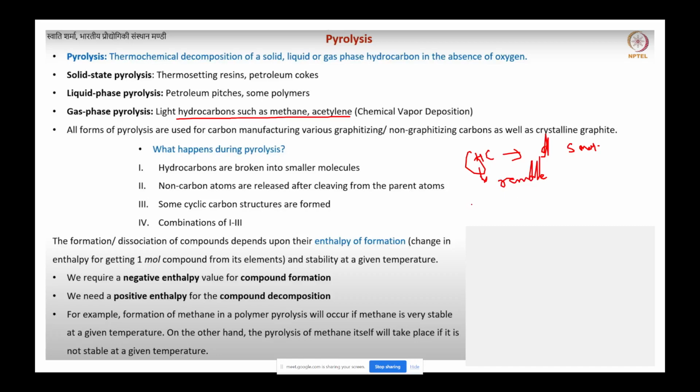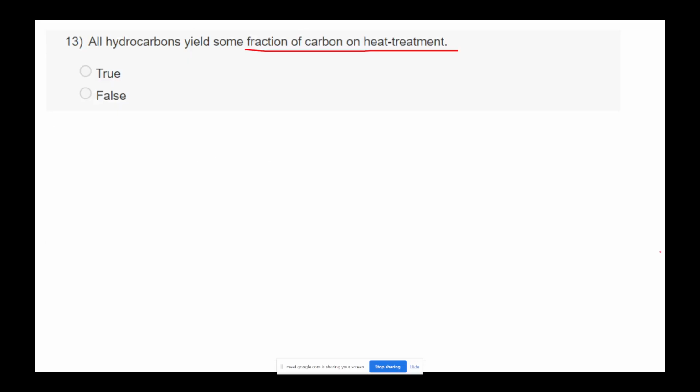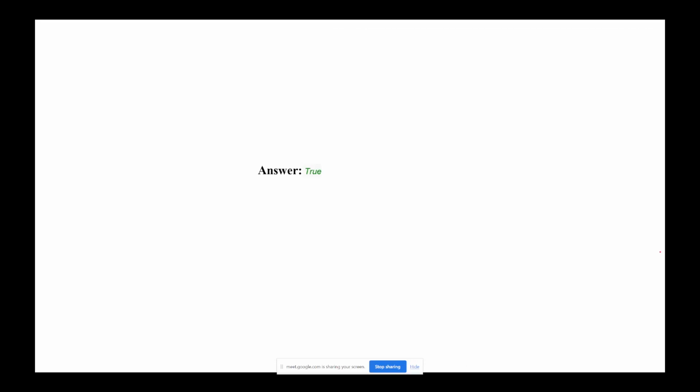Then some cyclic carbon structure will form, and then the combination of one and two. So only the non-carbon atoms are removed, but some amount of carbon content will still remain. That's why even after heat treatment of a hydrocarbon, some carbon content will be there. Got it? So it is true.